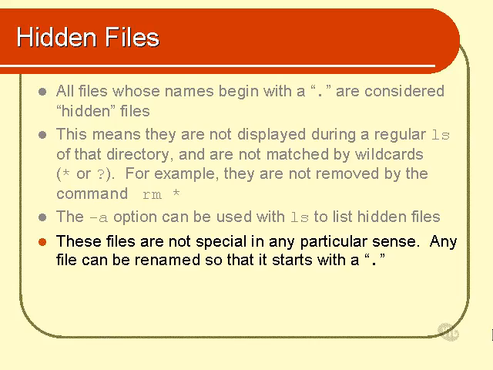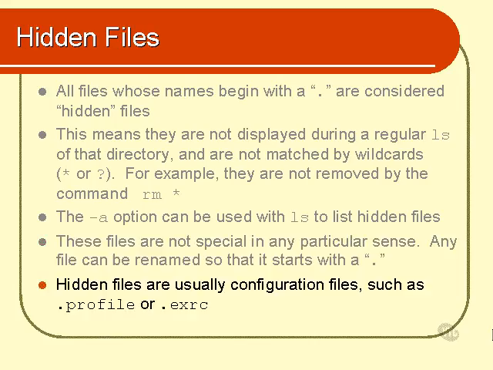So which files would you typically want to hide? Well, there'd be files that you wouldn't be particularly interested in seeing on a regular day-to-day basis. Maybe they're set and forget type files. What we tend to find is they tend to be configuration files. There's a couple of examples of configuration files, .profile or .exrc. The first one is my login configuration, and the second one is my Vi configuration.